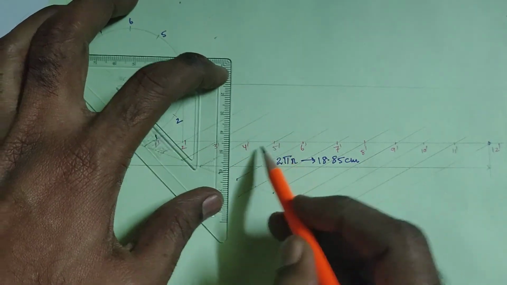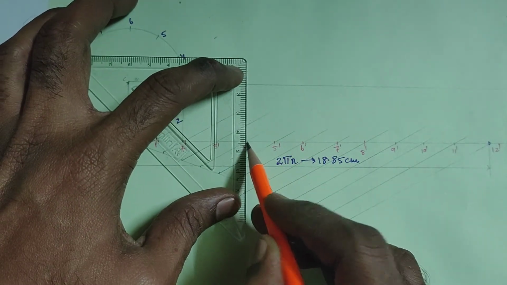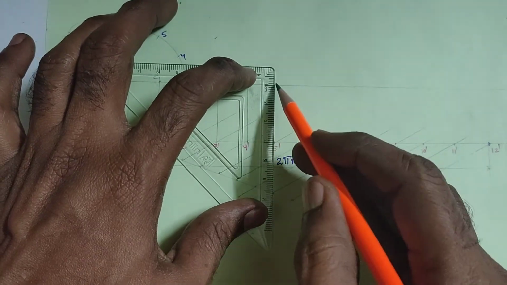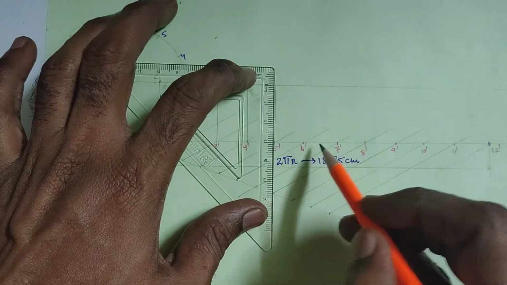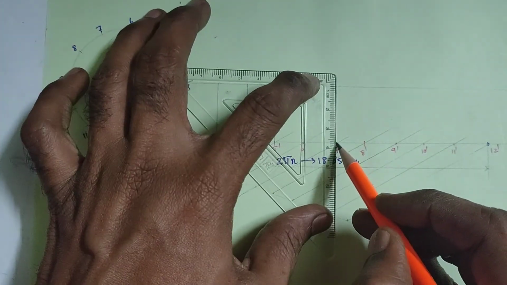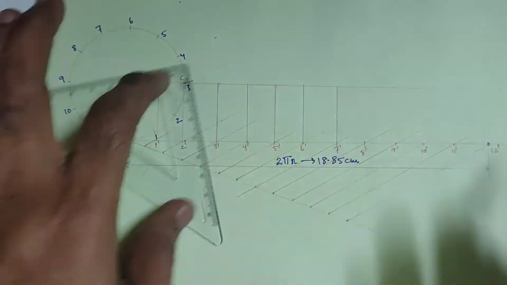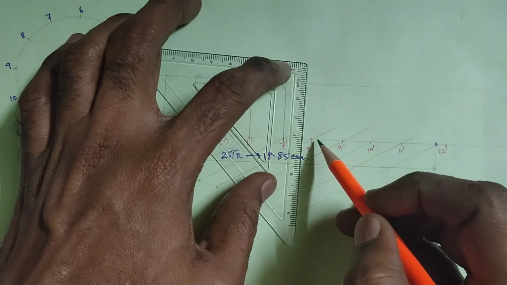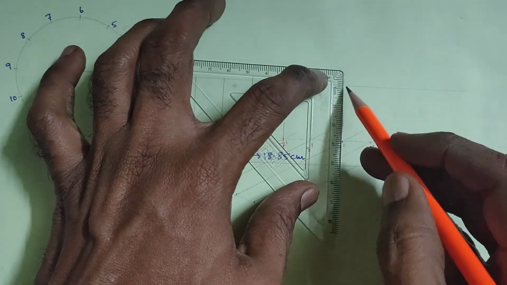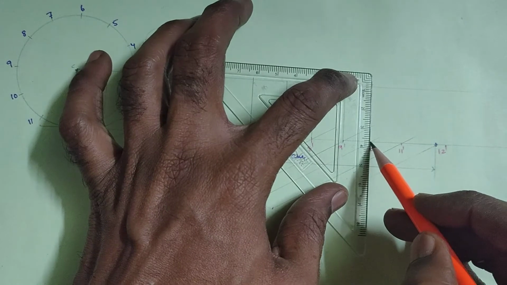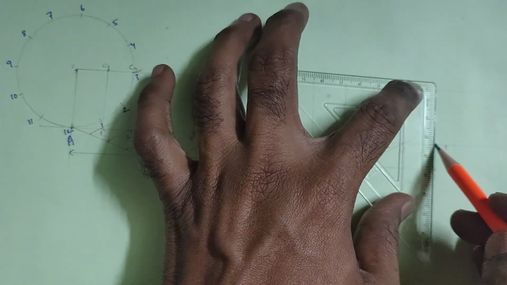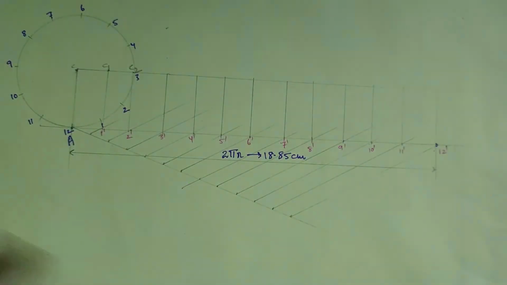This will be C3, C4, C5, C6, C7, C8, C9, C10, C11, and C12.